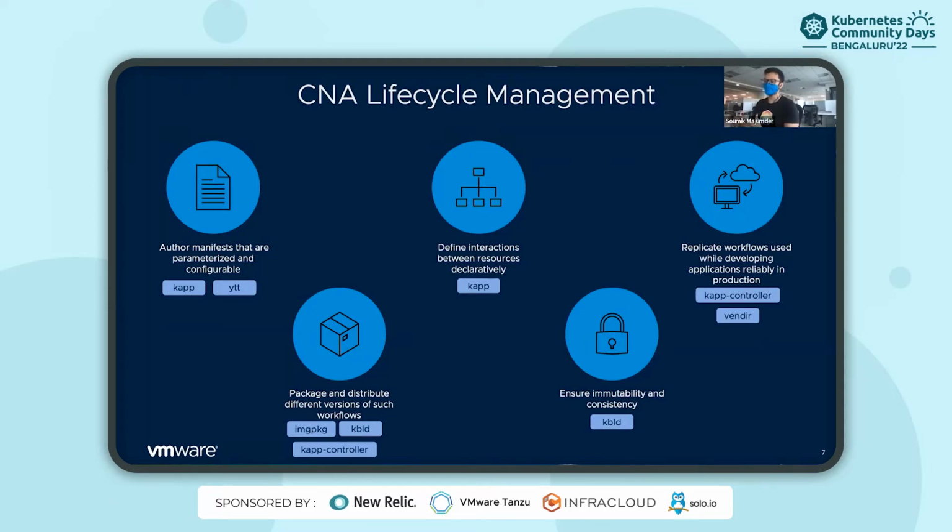It bundles your YAML files into an OCI image that can be pushed onto any image registry like Docker Hub, or maybe you all have Harbor running internally. Now that we have an image with all of our files in it, it can also be made immutable by Kbld, right? That's how all the tools fit in.